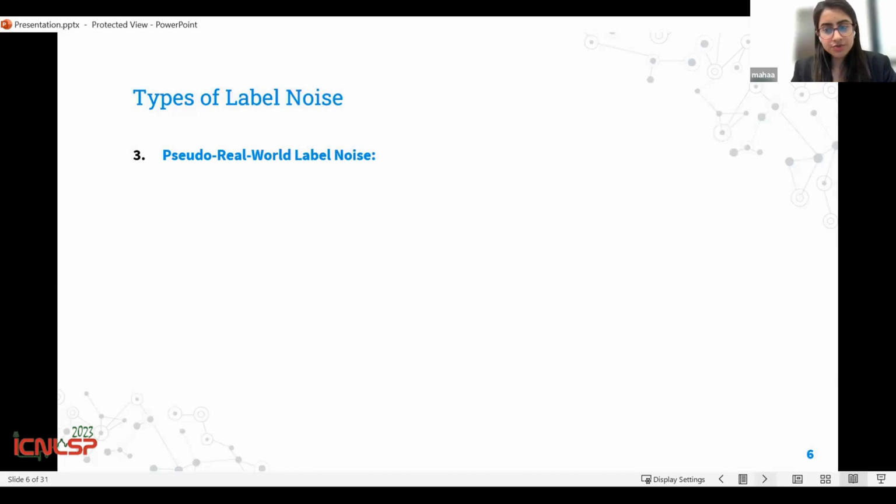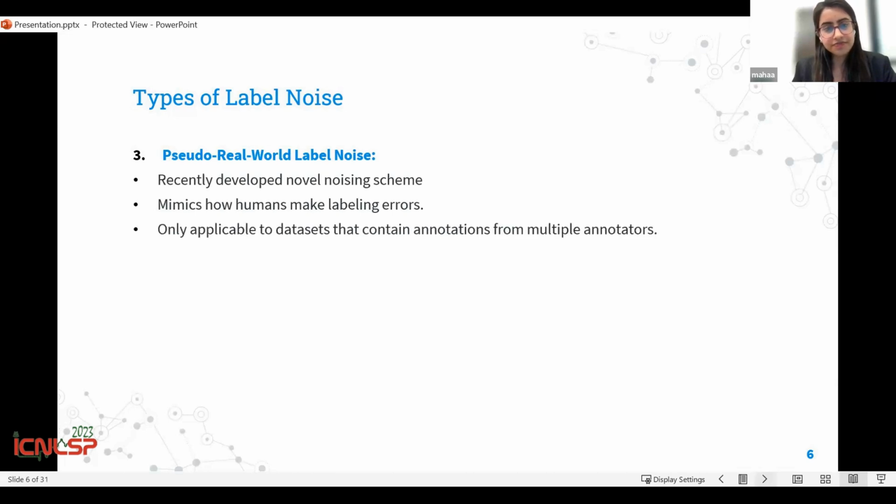The third type of noise, we dubbed it pseudo real-world label noise. This was recently developed by researchers at Stanford, and it mimics how humans make labeling errors. This is only applicable to data sets that contain annotations from multiple annotators.